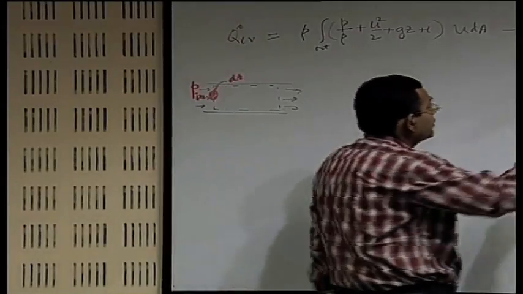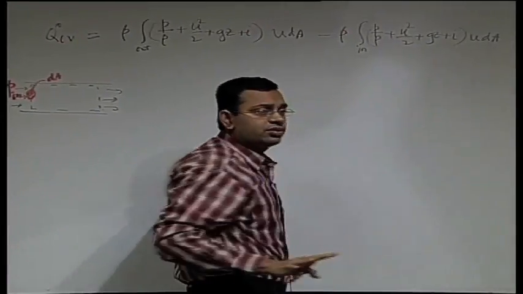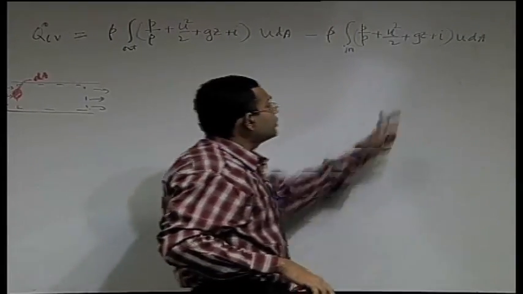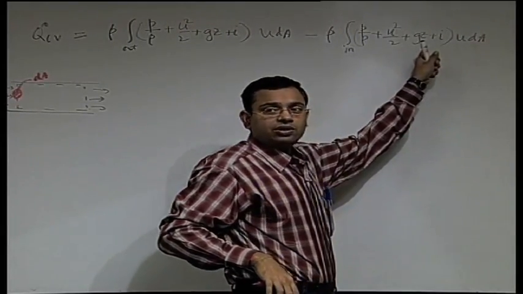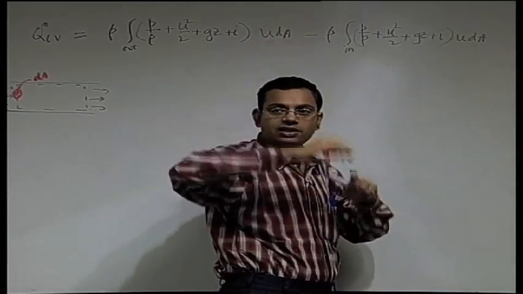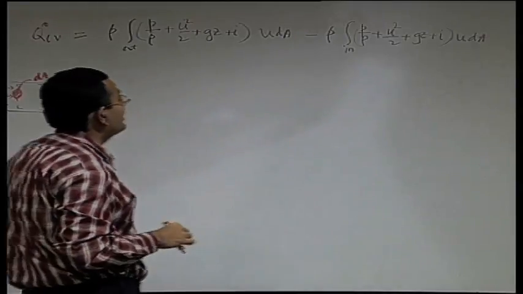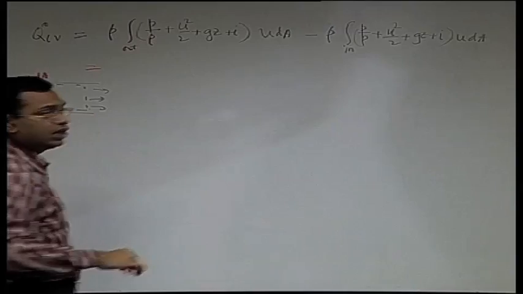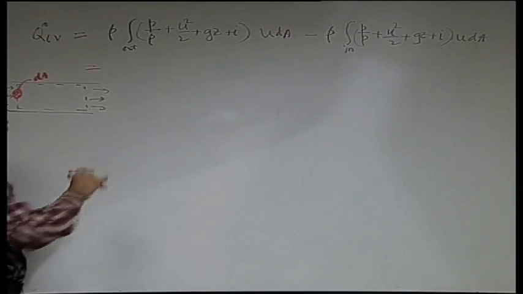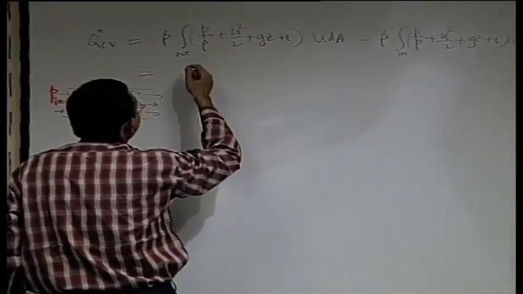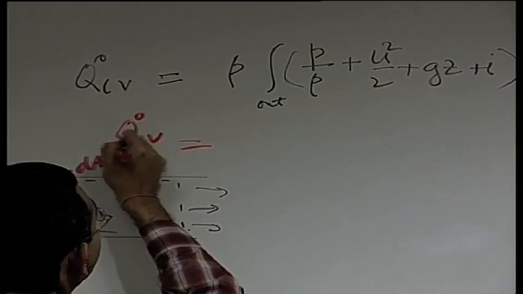Then u will definitely vary with the cross section, because you have a velocity profile; it is not a uniform flow. The potential energy effect, that also you may consider, as the pipe diameter is not so large that there will be a great difference in potential energy. So certain terms you may very confidently take out of the integral, assuming that those are constants. So for example, say you divide q dot Cv by rho.